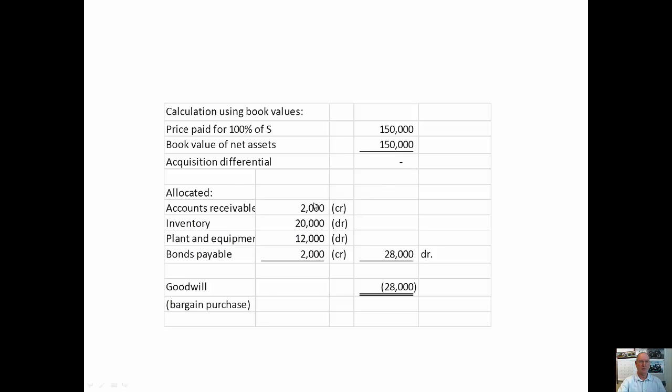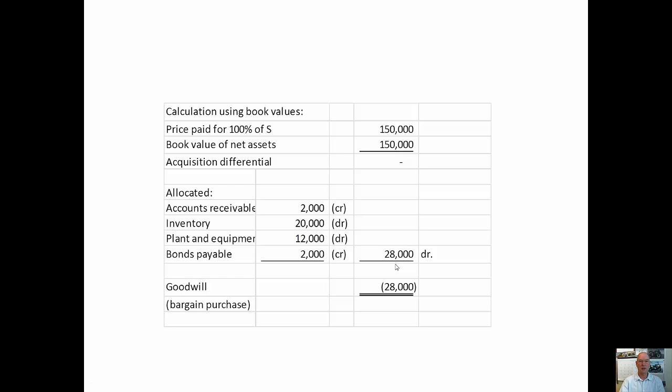So as in the previous example, we have a credit to accounts receivable to decrease to fair value, increases to your inventory and plant and equipment, and a credit to increase your liability account. This is still netting out to a debit of $28,000.